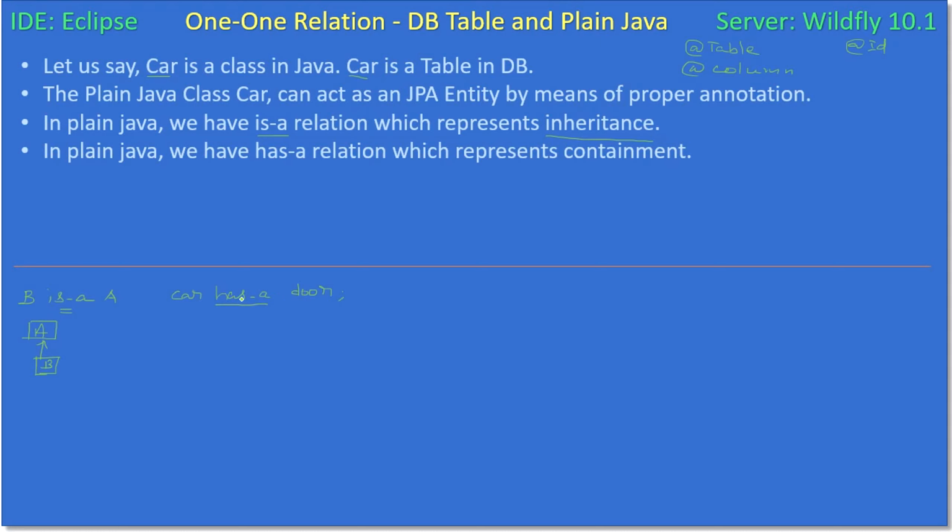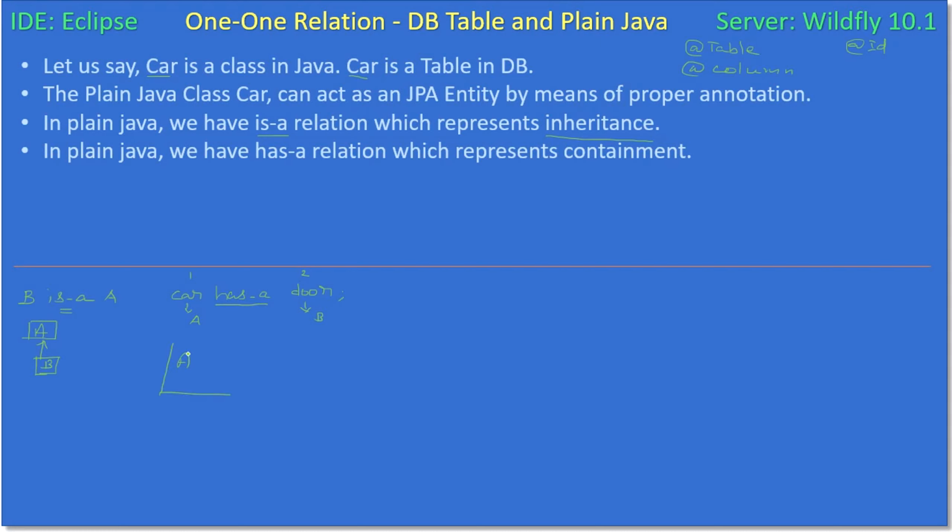We can say car is a vehicle, so A will be Vehicle, B will be Car, and Car is derived from Vehicle. But the same car, if you see, car has a door. So here there are two objects, one is a car and another one is a door. If you mark the car as instance A and door as instance B, then what we have here is a containment.